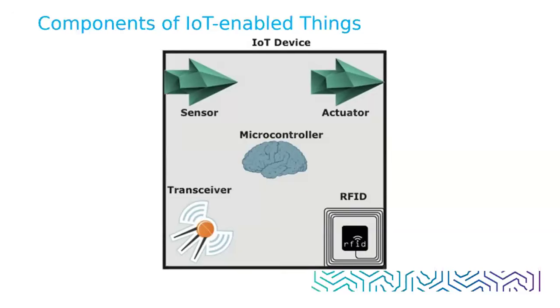After this, we have the microcontroller. A microcontroller is a small embedded computer that controls the operation of the IoT device. The microcontroller acts like the brain of the IoT device. It receives the sensor data, processes the information, makes decisions, controls the actuator, and can coordinate the communications also.